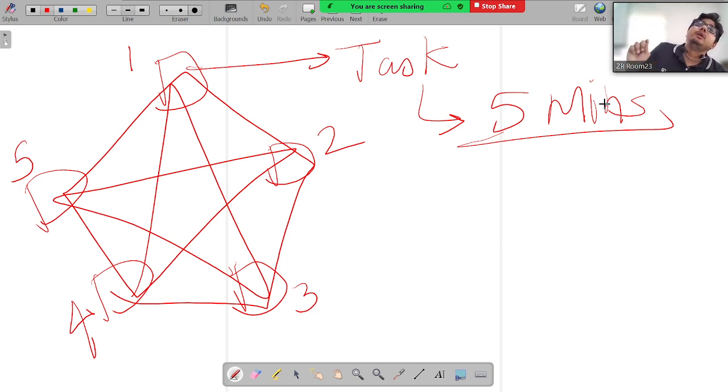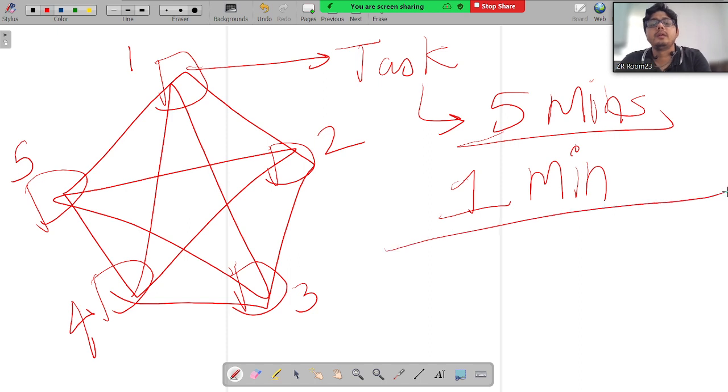The task which computer number 1 requires 5 minutes for will get divided among all the computers in the grid. Now the task can be done in how many minutes? 1 minute. Are you getting my point? So we can use multiple CPUs in parallel. This will increase the power of computing or searching or any task. It will be done super fast.